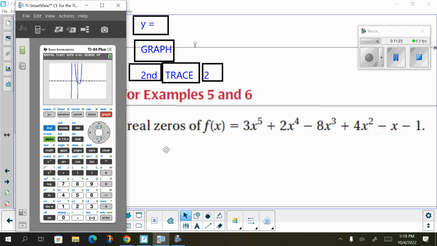So the degree of this polynomial is 5. There's 5 solutions, but visually, I'm only seeing 3 of them. What that means is 2 more are imaginary that we're not seeing.